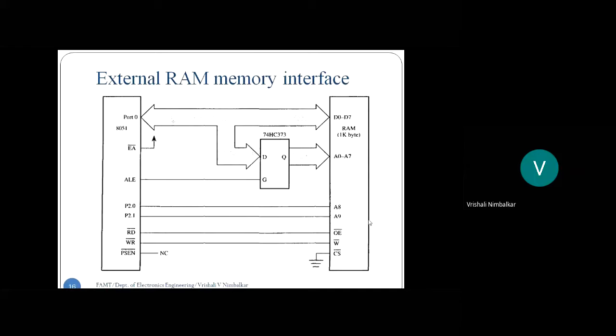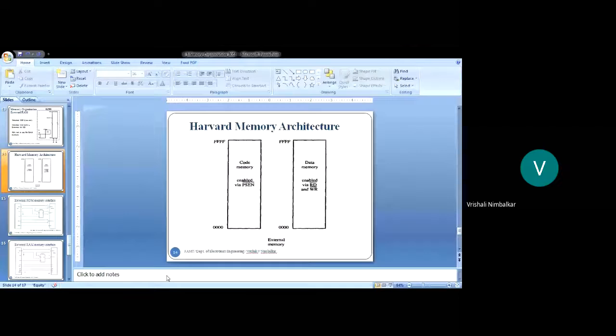Hope you are getting me, students. So 1 KB memory, 10 address lines, A0 to A9. A0 to A7 will come from the latch, demultiplexed, and A8 and A9 will come from port 2, 2.0 and 2.1. Data lines will come from port 0. It is a RAM interface, so the EA bar pin is disabled.